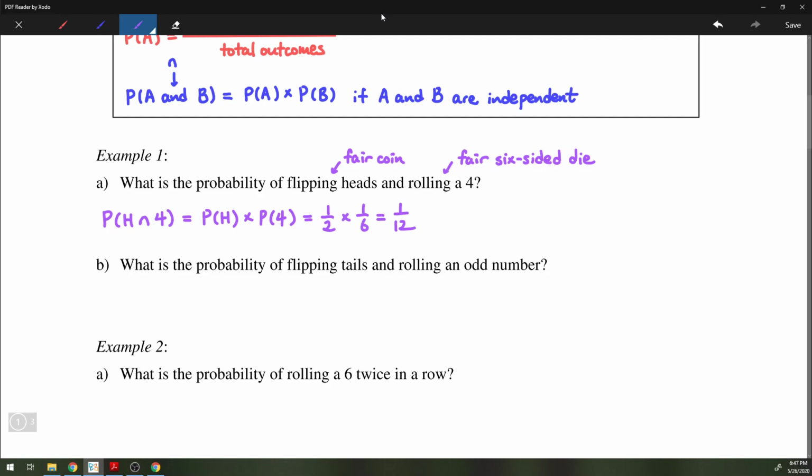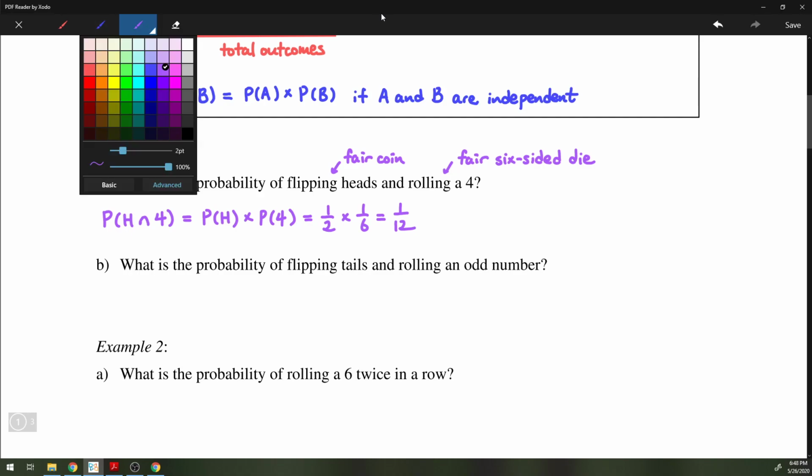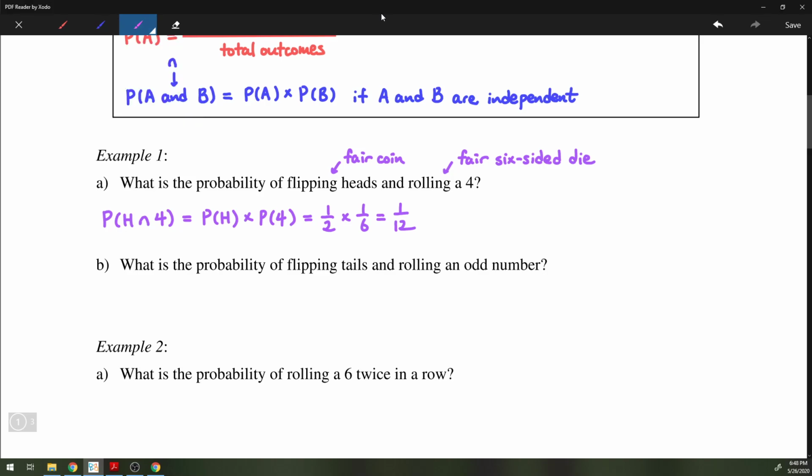Similarly, what's the probability of flipping a coin, getting tails, and rolling an odd number? Just recall that on a six-sided die there are 3 odd numbers, 1, 3, or 5, so that's half of the outcomes, or 3 out of 6.